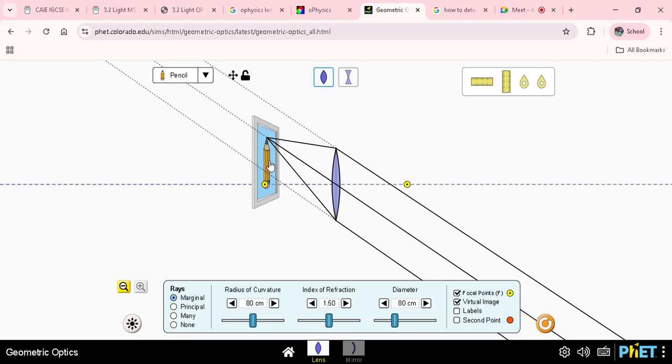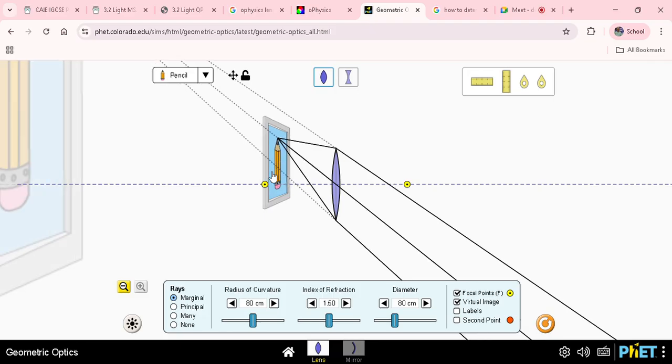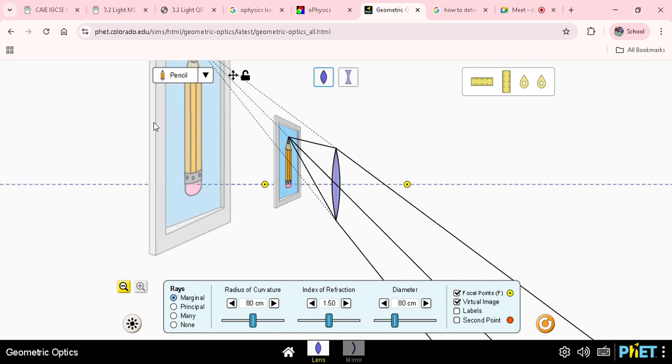If I put the object between the focus and the lens, this is called virtual. So the screen cannot capture this image. So the characteristics of the image are virtual, larger, and upright.